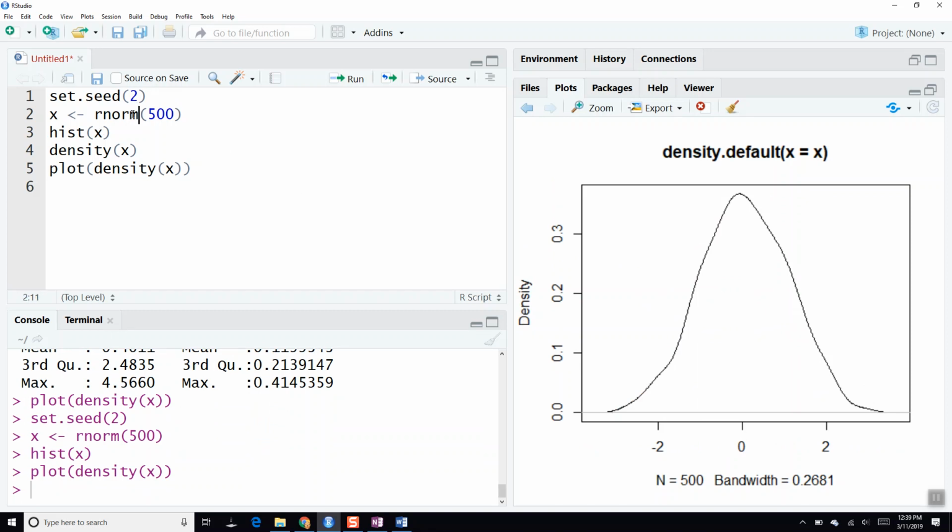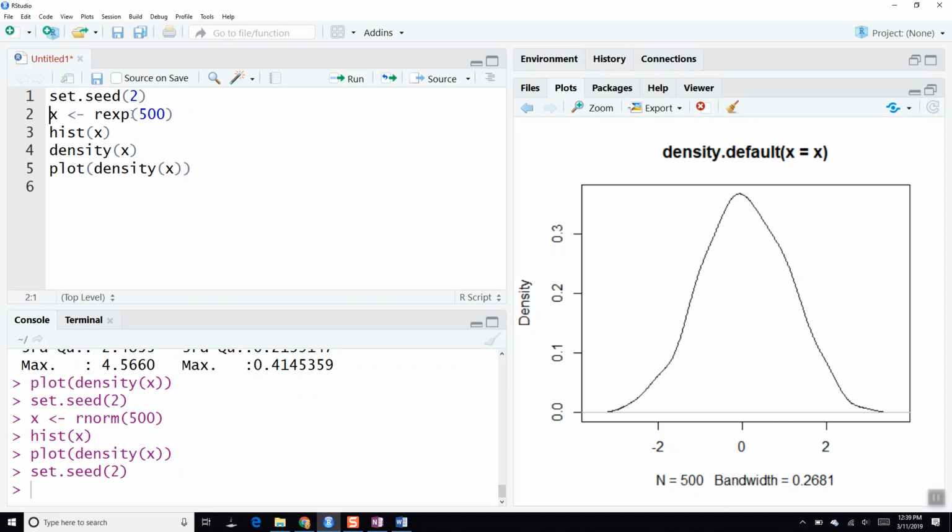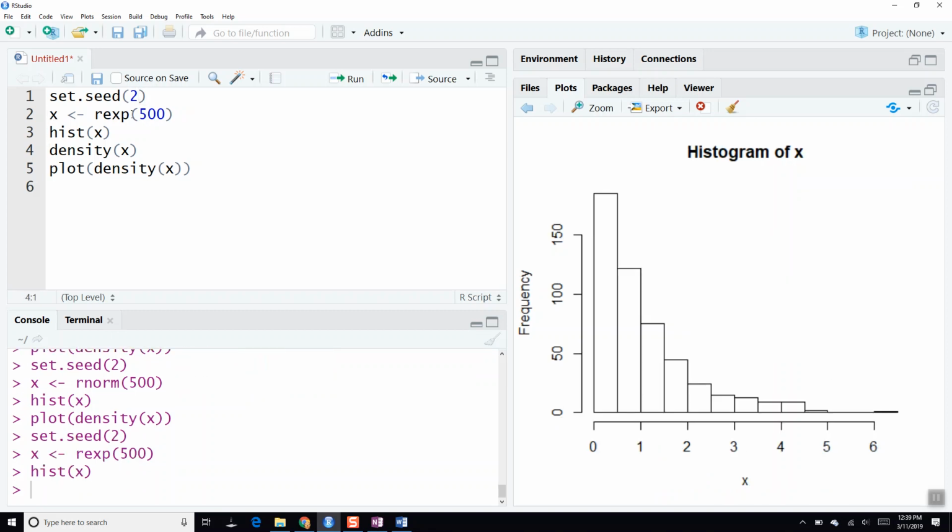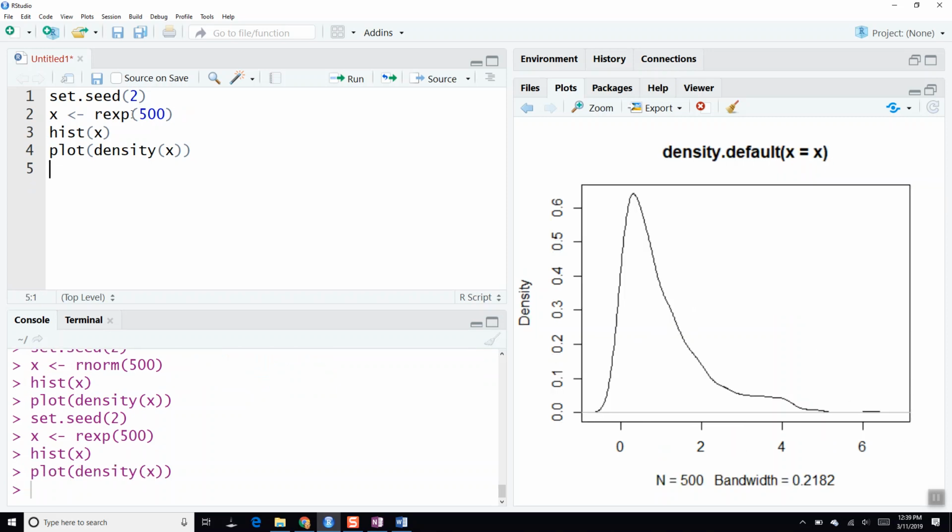And so here is an exponential distribution, and it looks like that. And then if we create a plot of that, this is our density. Okay. Now, what's wrong with this density plot?